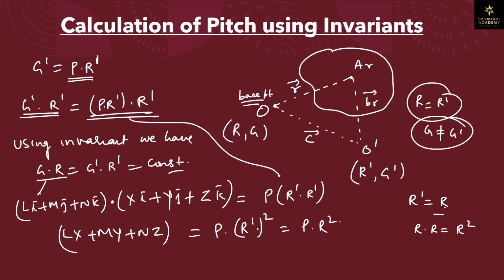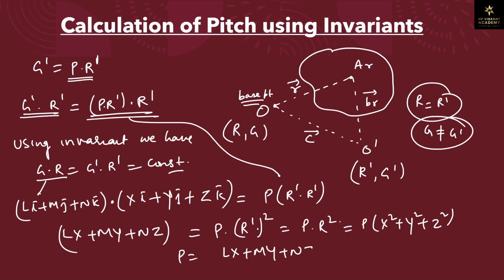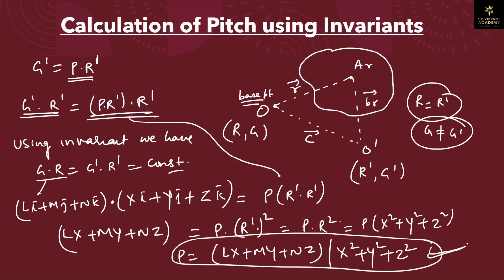Let us further simplify this. This is pitch times of x square plus y square plus z square. So from here pitch is equal to Lx plus My plus Nz divided by x square plus y square plus z square. This is the value of pitch. So we have found the pitch of wrench using the help of invariants.